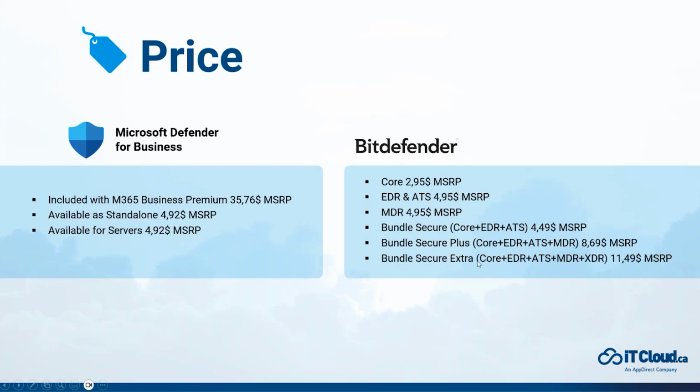And you can add an extra layer, which is called Bundle Secure Extra, which adds XDR on top of that. It's XDR for identity. Maybe you don't know what XDR is. It's basically just adding more things that you are monitoring. So instead of just monitoring the endpoints and the servers, you're also monitoring extra things.